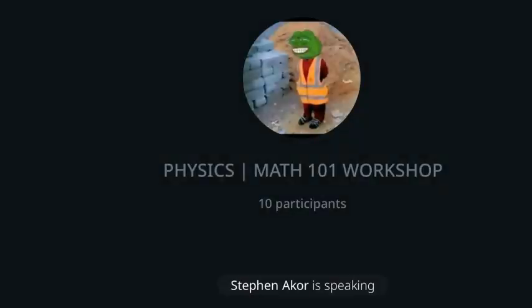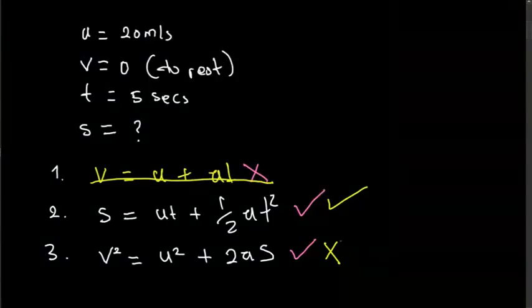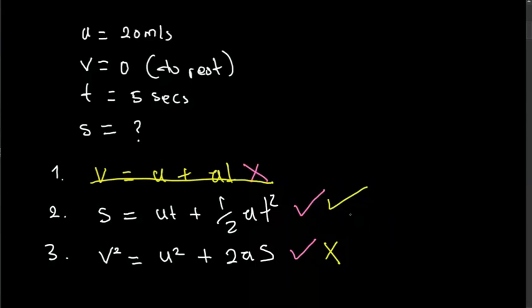Next one, final velocity. Do you see final velocity in equation 2? Are you guessing or are you looking at facts? No, we don't have final velocity in equation 2.